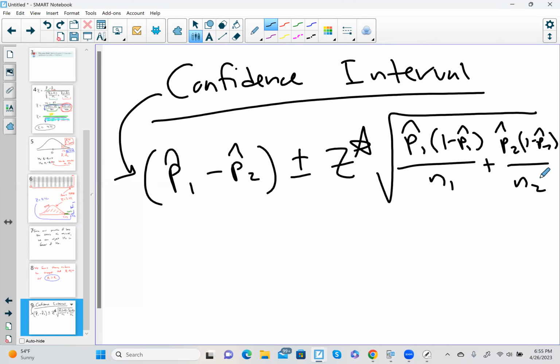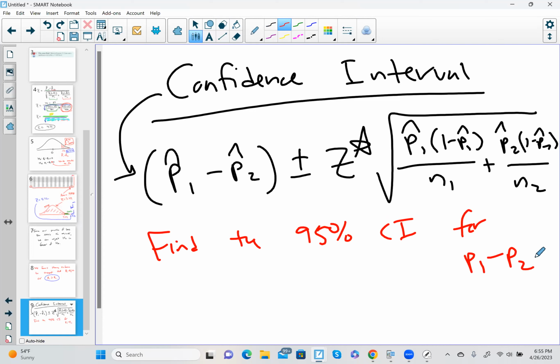Okay. So you could be posed a question, something like this. Someone could say, find the 95% confidence interval for P1 minus P2, for the difference in proportions. So this looks very intimidating. Let's do the math and see what happens.